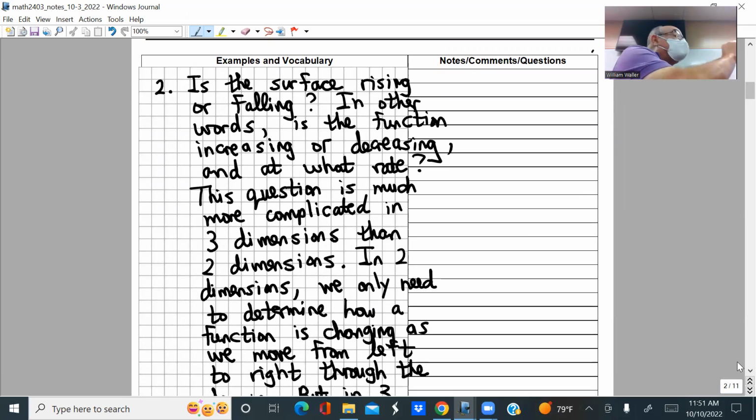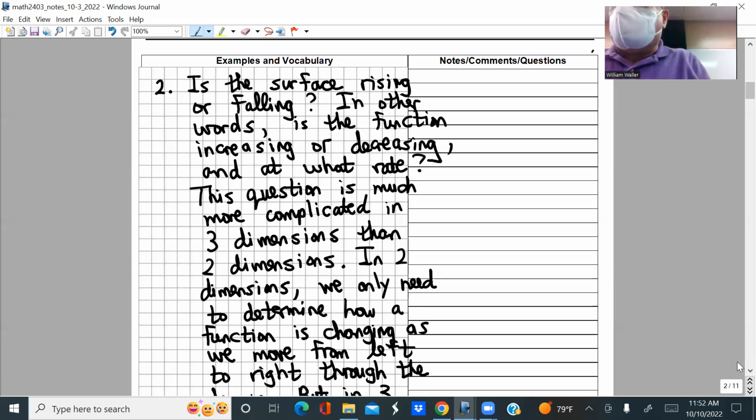In calculus 1, we refer to that concept as the concavity of the curve, and in calculus 3, we're also going to refer to that as the concavity of the surface at a particular point.